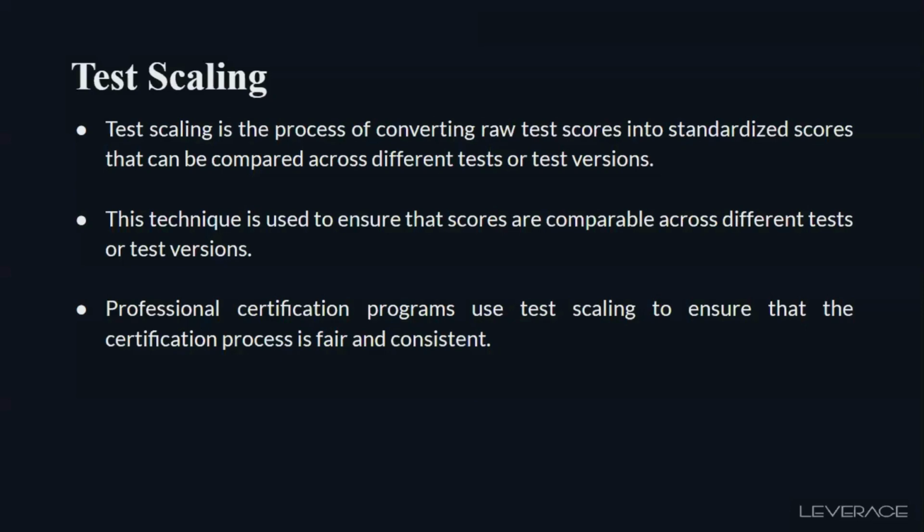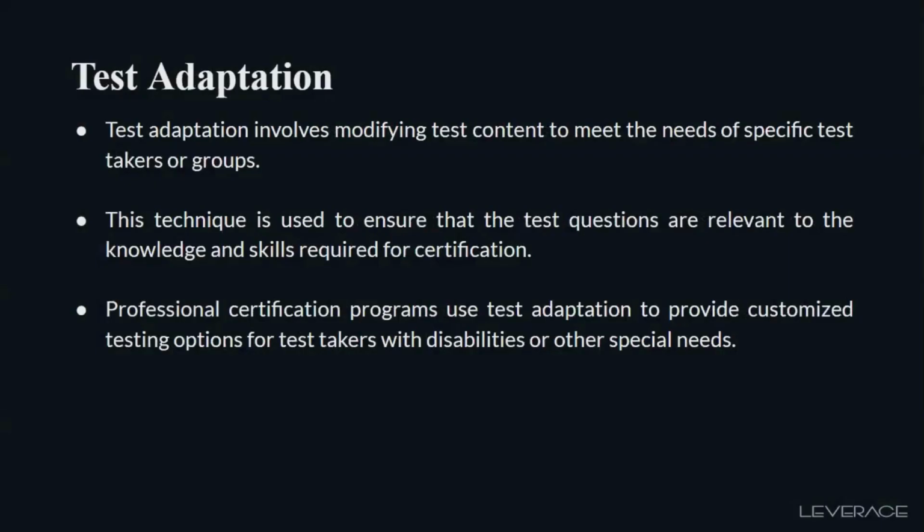So the process of converting scores into standardized scores is what we call test scaling. We can use Z-score, we can use T-score to convert scores into standard scores. So that is test scaling. Then test adaptation. It involves modifying a test to meet the needs of specific test takers or groups.